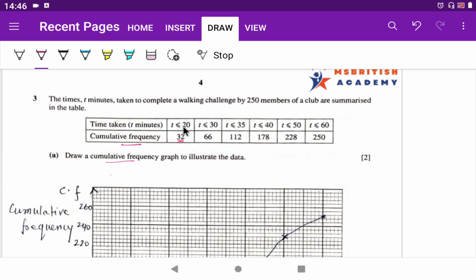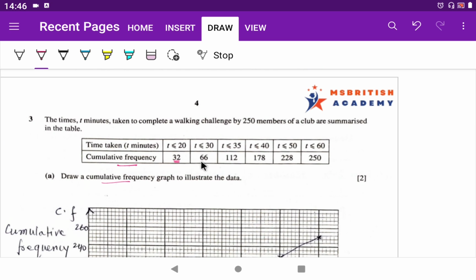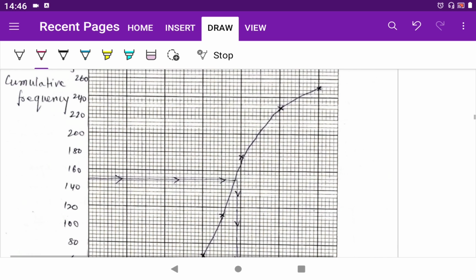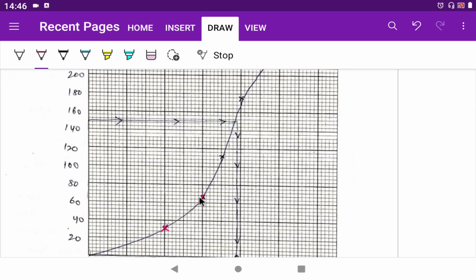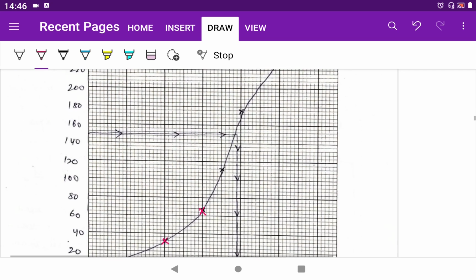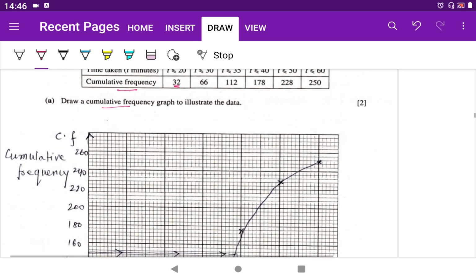So see, when the time is less than 20, the cumulative frequency is 32, so I have marked here. When time is 30, the cumulative frequency is 66, so I have marked here. After that, when time is 35, the cumulative frequency is 112, marked here.